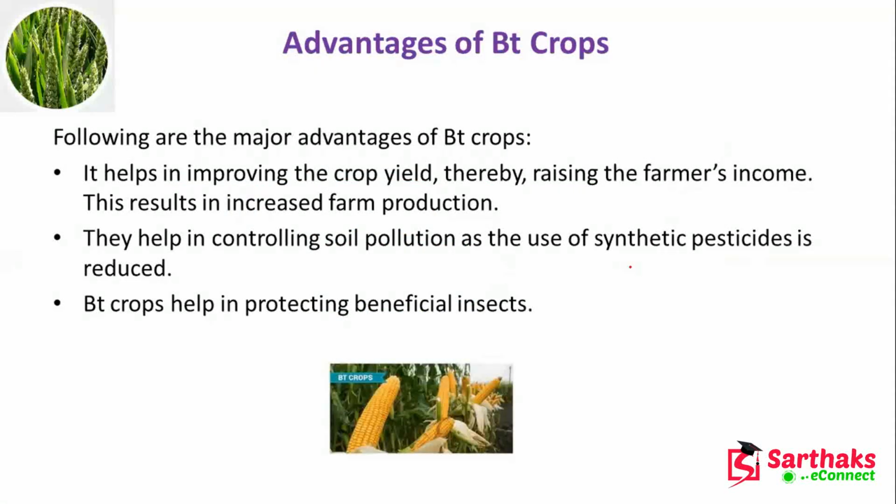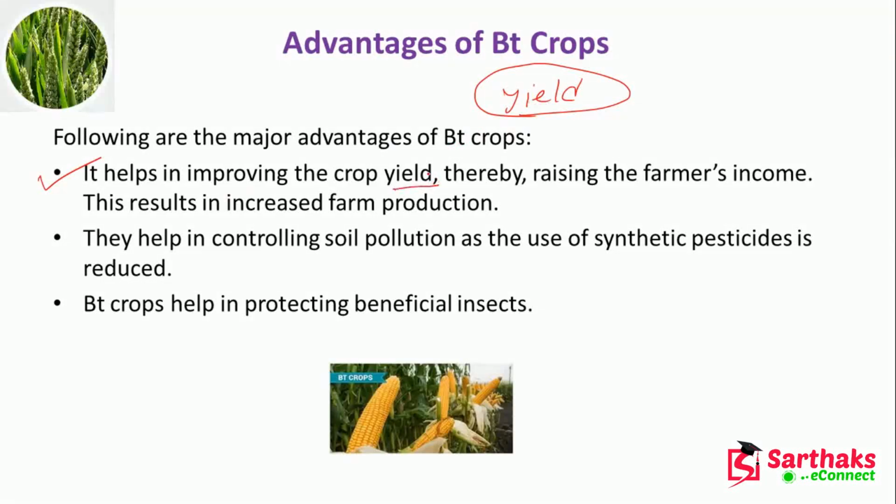Now what are the advantages of BT crops? It helps in improving the crop yield. Now what do you mean by yield? In a particular field, how much useful crop you are getting, that is the yield. Per unit area, how much crop you are getting, that is the yield. So it helps to improve the crop yield.